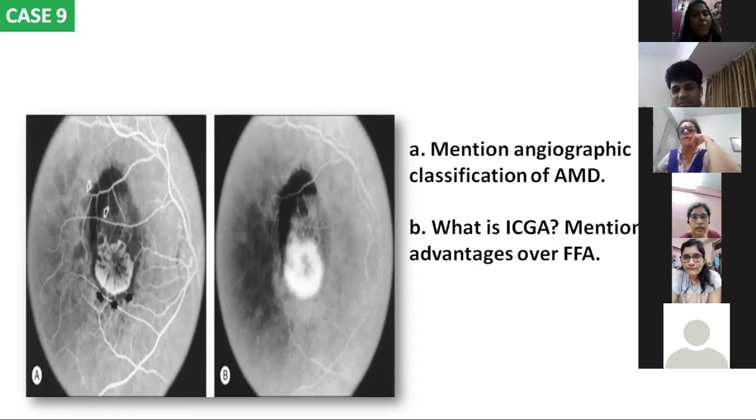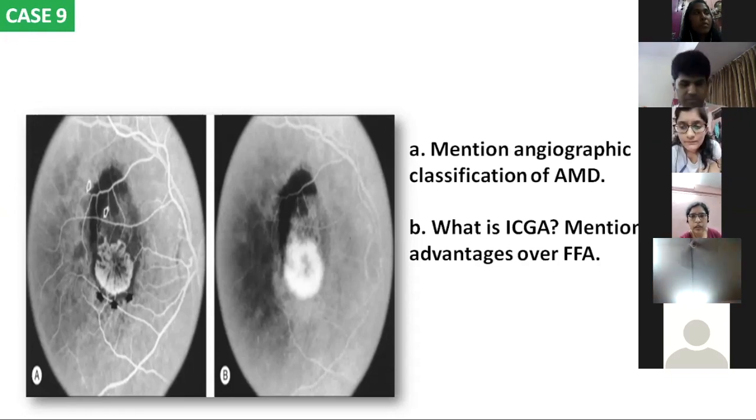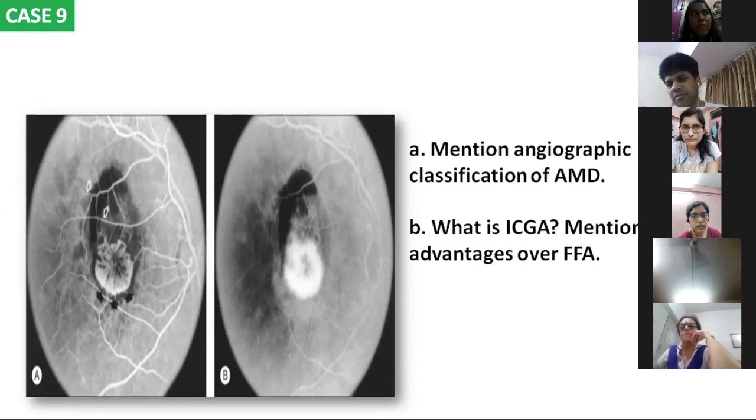When do you do it? In choroidal abnormality. No, you have to be more specific. Mention 2 advantages over FFA. Sir, ICG is done to rule out choroidal abnormality.